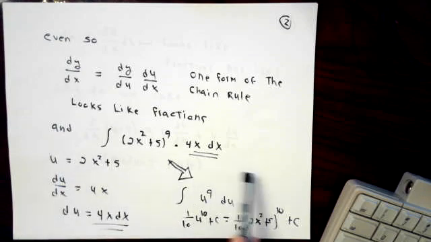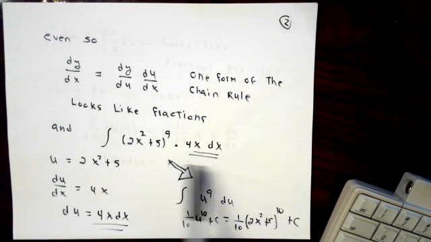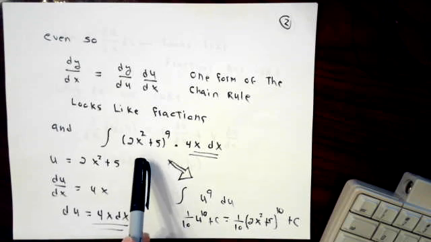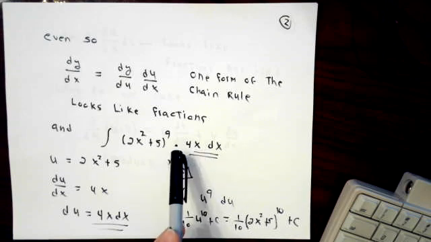If you have an integral like this, the integral of the 9th power of 2x squared plus 5 multiplied by the function 4x and then integrated with respect to x, this thing down at the end is not multiplication, really. This is not 2x squared plus 5 to the 9th power times 4 times x times dx.